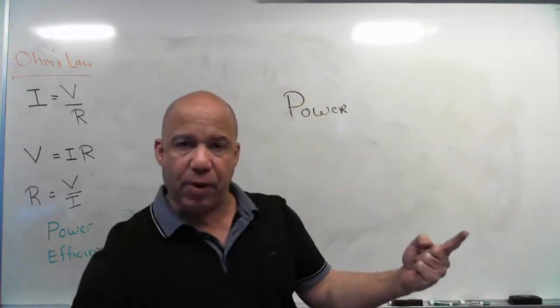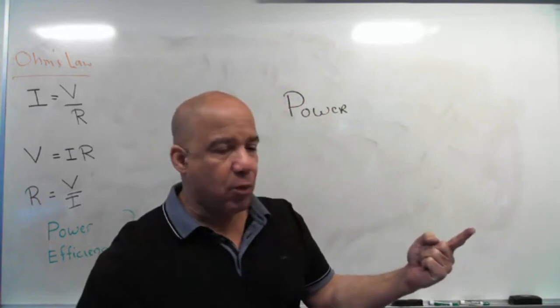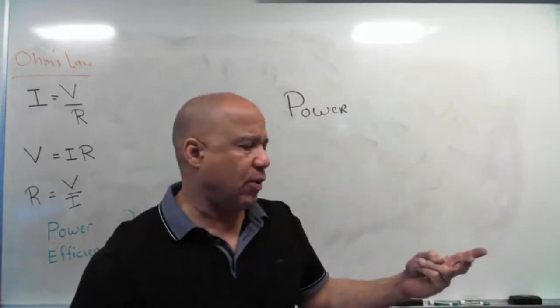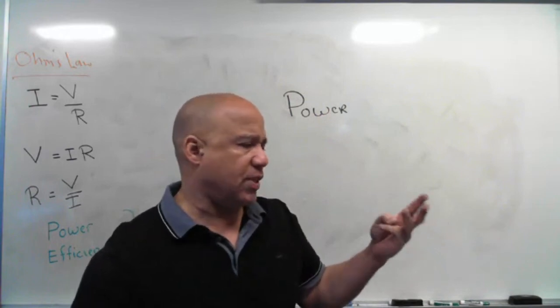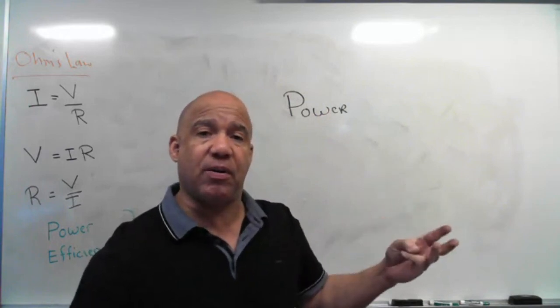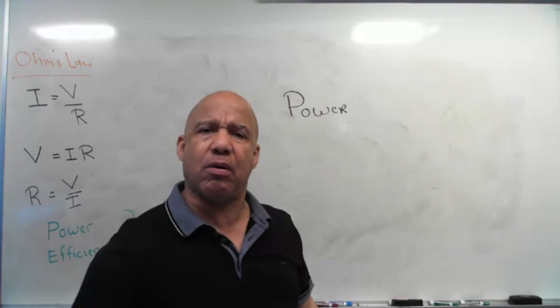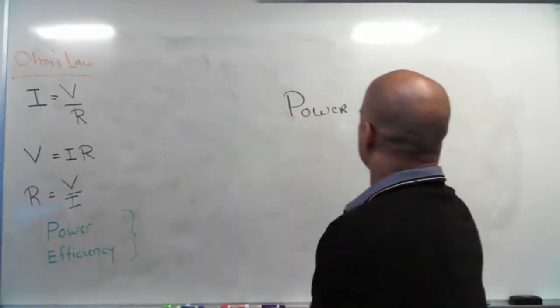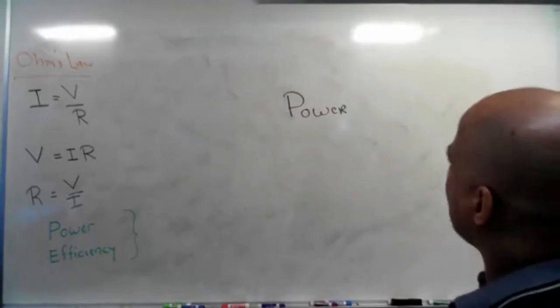Well, voltage is just a separation of charge. We got current. Current is charge in motion. We got resistance. Resistance is opposition to current flow. And now we got this thing called power. What is power?